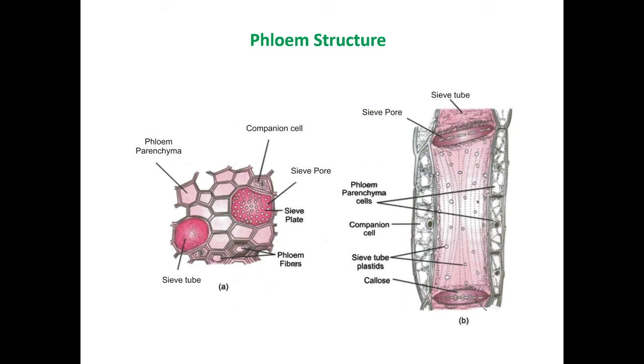And the fourth one is the interfacial flow hypothesis. This was proposed by Van den Honert in 1932. According to this hypothesis, the solutes move along the interfaces between the cytoplasm and the walls, or between the cytoplasm and the vacuoles of sieve tubes.